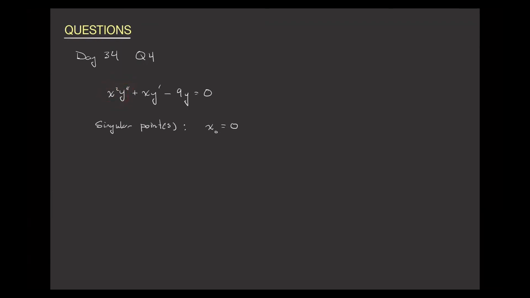If you go ahead and then center a series about x naught is equal to 0, if we take y to be equal to, I'm going to switch to n, but there's no difference between k, x to the n. So this is like x minus 0 or x minus x naught to the n.